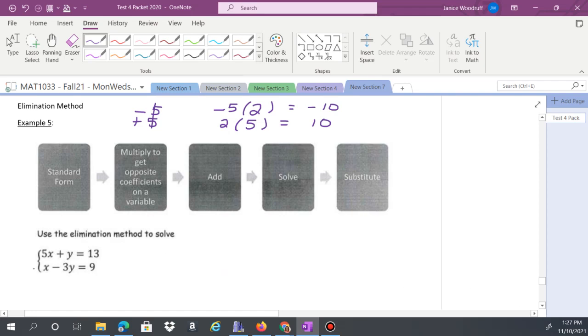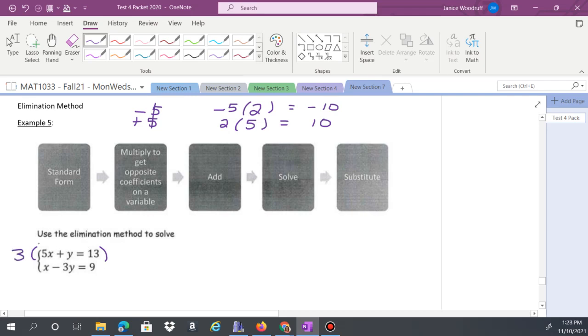Okay, so let's go ahead. We can really do the x's or the y's. Typically, the easier thing to do, if one of them's positive and one of them's negative, use that one. So let's say we want to eliminate the y's. Here we have a 1, here we have a negative 3. So we need to multiply this equation by what? 3.